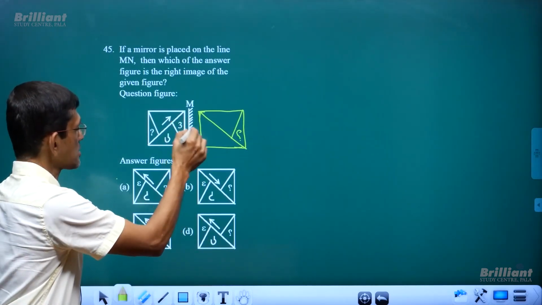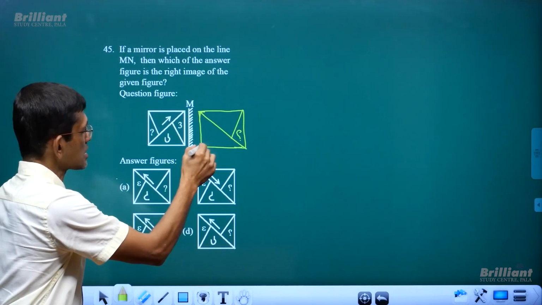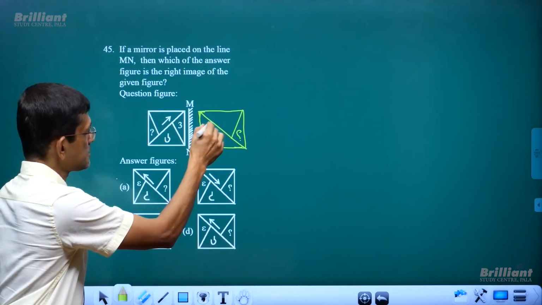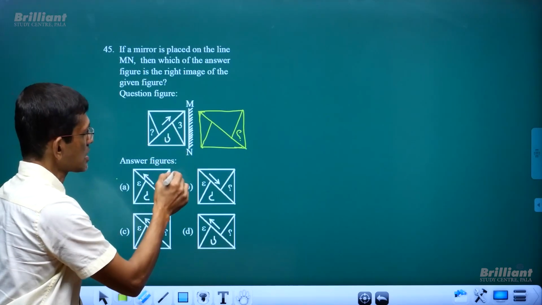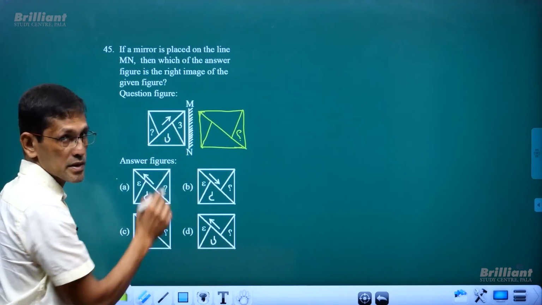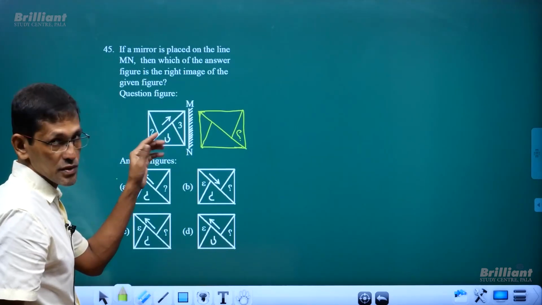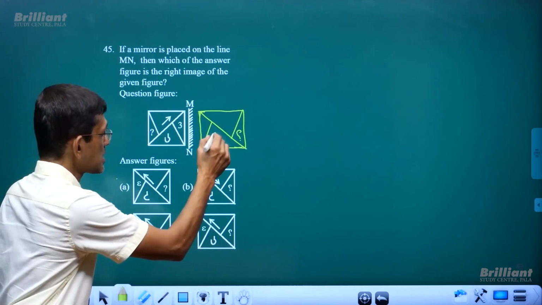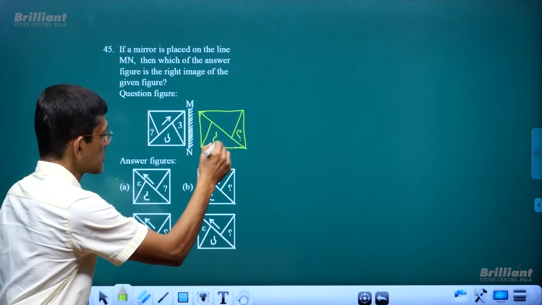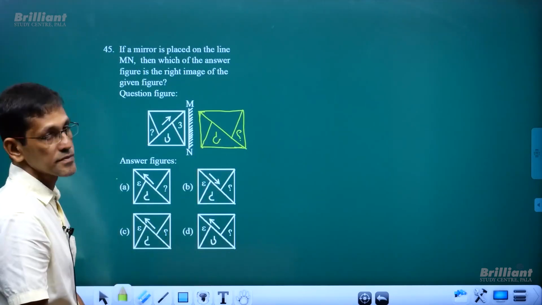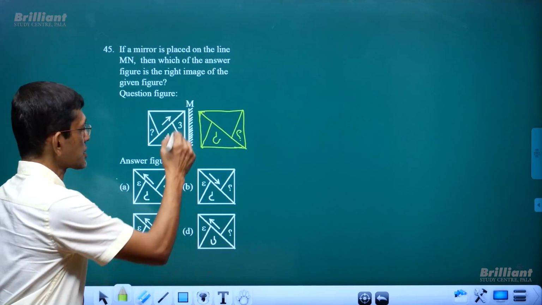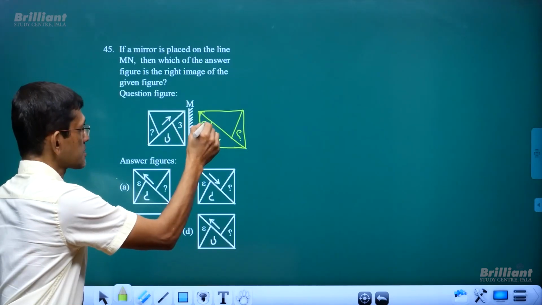This is near to the mirror, so we have to create another triangle here. And this is where that hook comes in. The opening of that hook is away from the mirror, so we have to make it in such a way that the opening of the hook is away from the mirror. And now we have 3. So 3 would be like this.